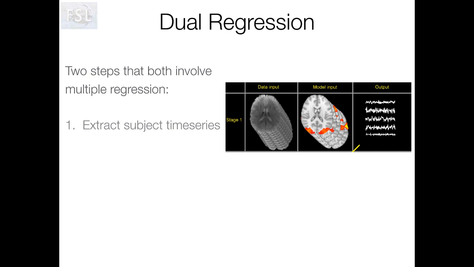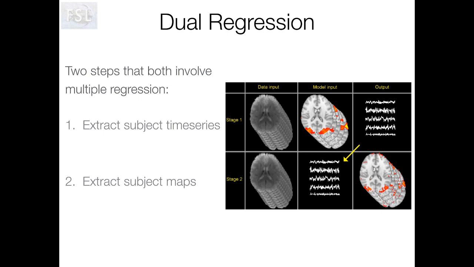This results in a subject-specific time series for each group ICA component. In the second stage of dual regression, we feed the subject-specific time courses from the first stage into a second temporal regression. And what we get out of this is a subject-specific spatial map for each group-level component. So with these two stages, we can go from having a set of group ICA components to having a set of subject-specific components for each of our subjects.